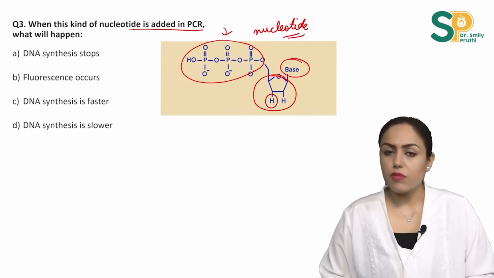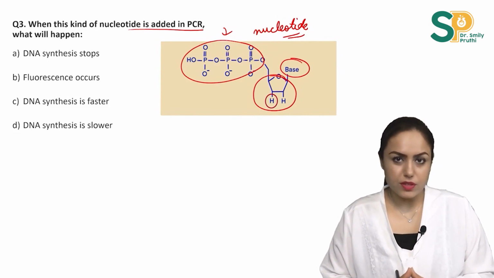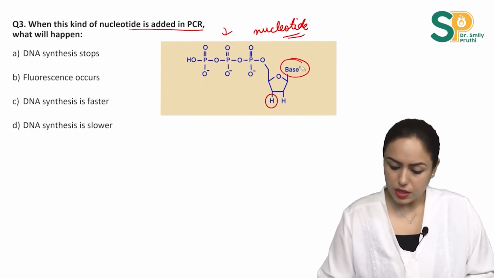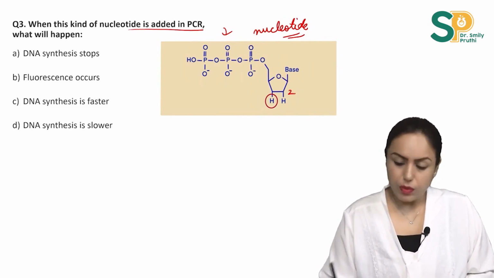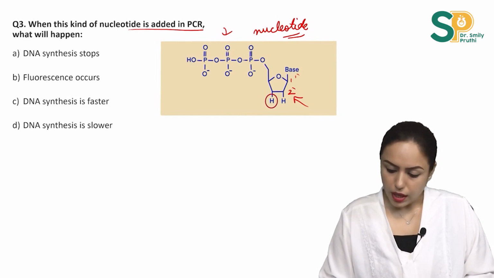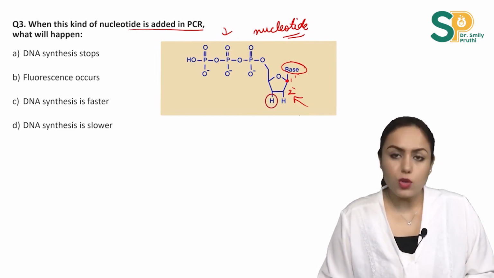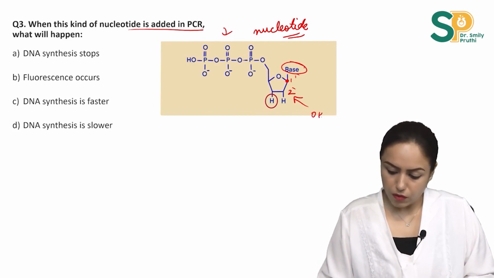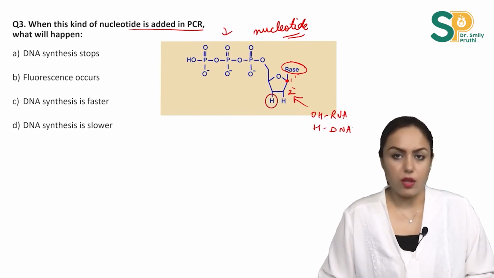And in PCR, we take deoxyribonucleotides. Deoxy means at 2 number position of sugar, this is 2', this is 1 number position. At 1 number position, base is attached, okay. At 2 number position, if we have OH, then it is RNA. If we have H, then it is DNA, okay.